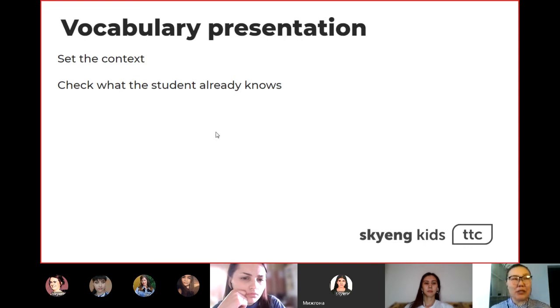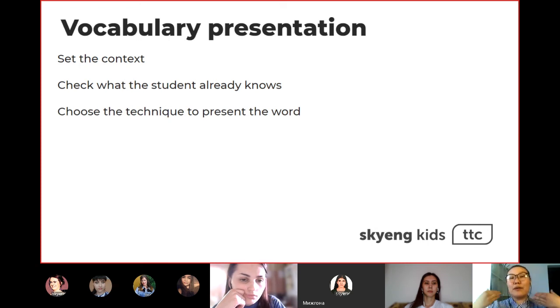The technique is usually chosen, for primary kids and for juniors too. We have visuals. Then we choose the technique to present. We had some pictures there. So with the pictures, we check what the student already knows, or with the school bag.